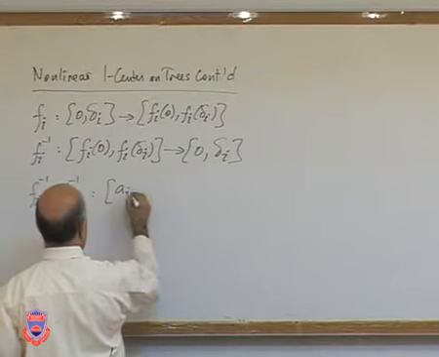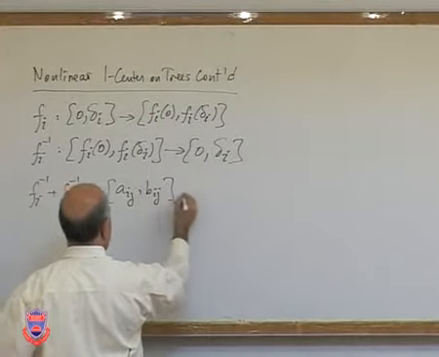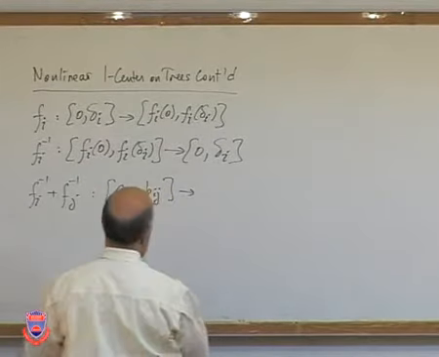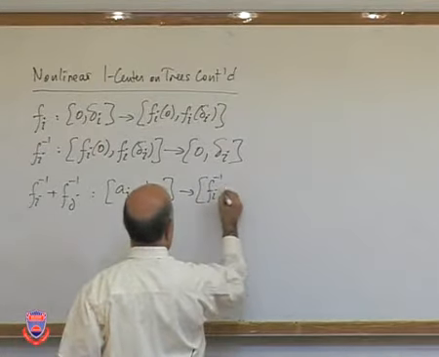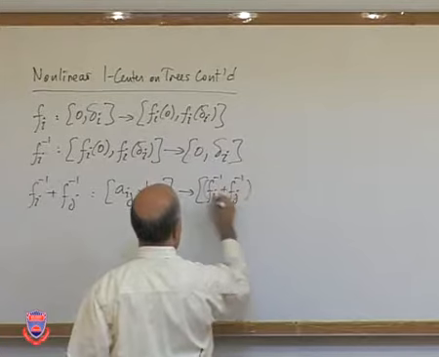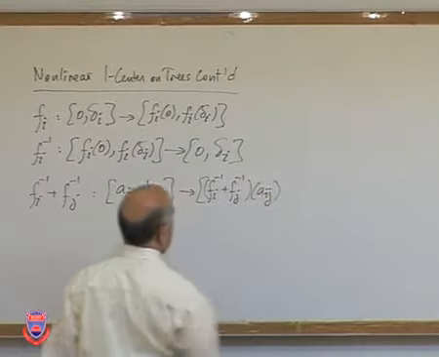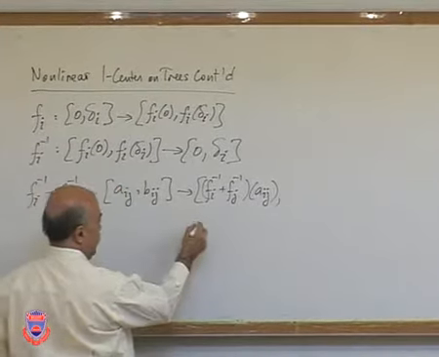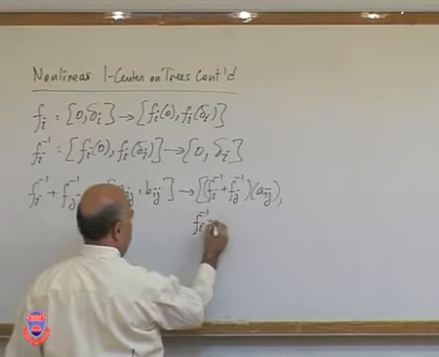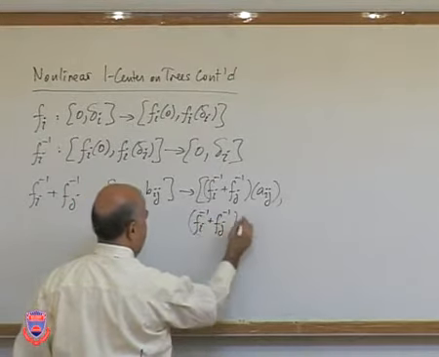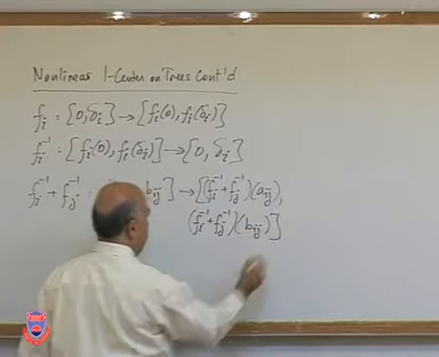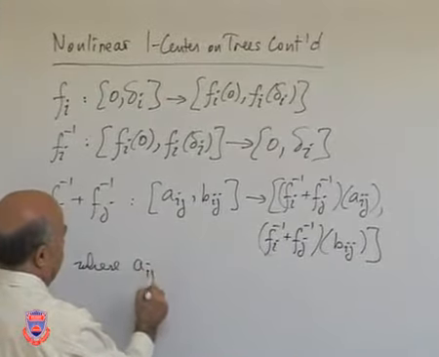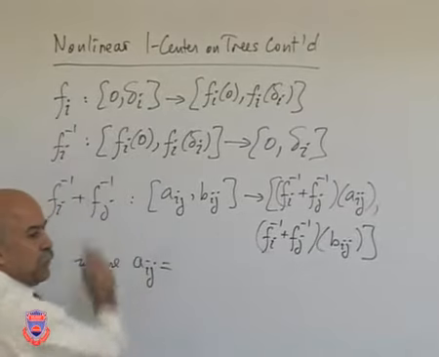So it's a_ij, b_ij, mapping into, where a_ij is the maximum of the lower bounds.